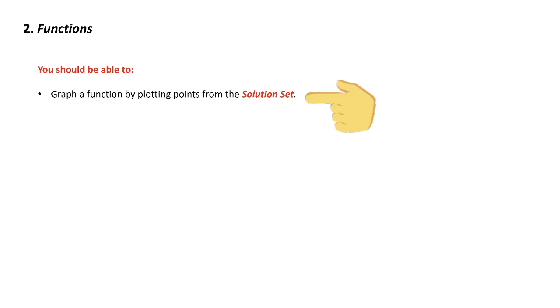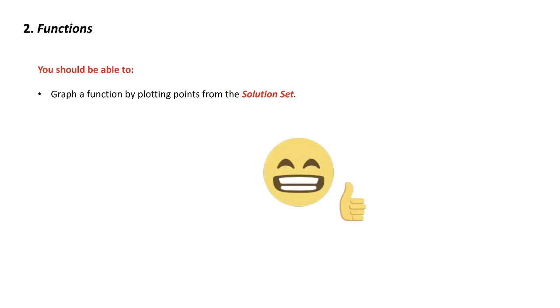So in subsequent sections, this is valid for any function, and we're going to look at special cases so we can get a handle on this. But at the moment, you should be able to make a solution set, plot points, and graph the solution set. That's the main thing out of here.